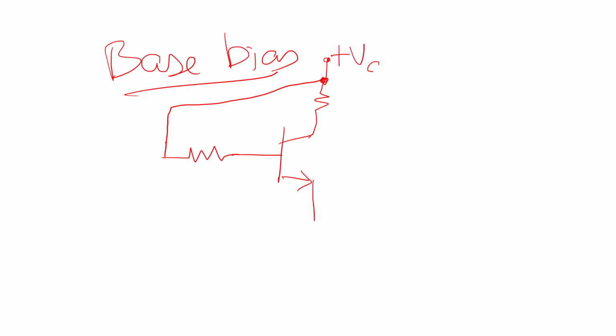Here we have the VCC supply. I'll name the terminals base, collector and emitter. The emitter terminal is grounded, and I have connected two resistors. The resistor connected to the collector terminal, let me name it RC. The resistor connected to the base terminal, let me name it RB: base resistor and collector resistor.